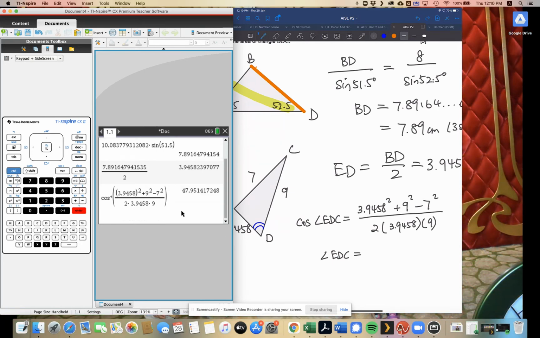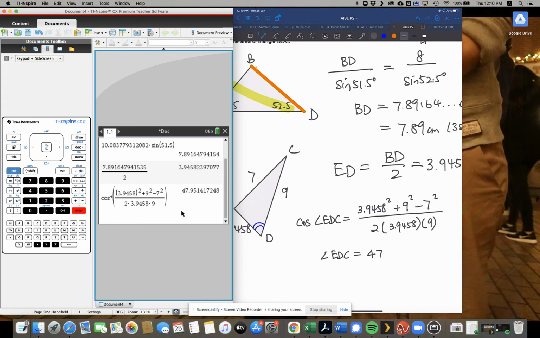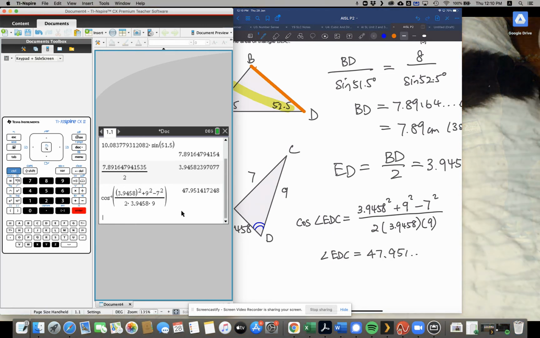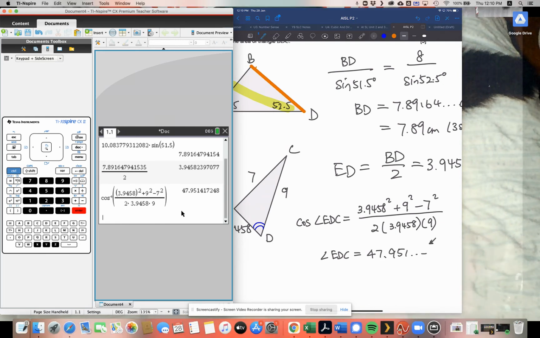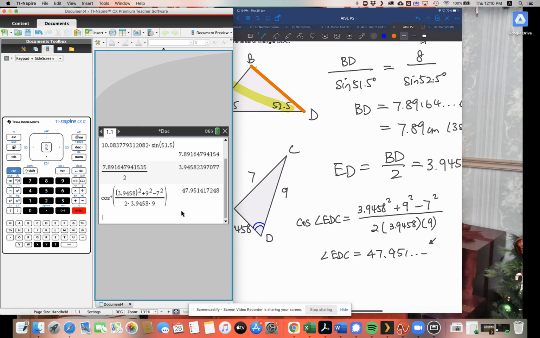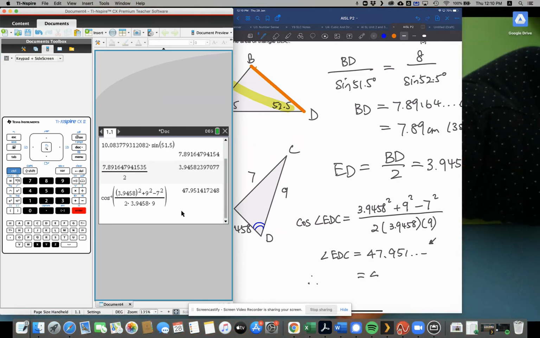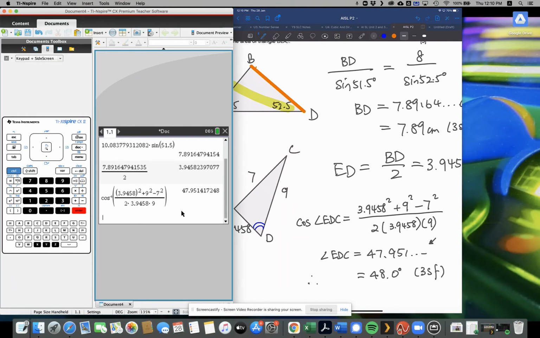Enter. So the angle is, don't round it up just yet. So this is the size of the angle. We must see this before we can award you the next mark. So you say, therefore, it is equal to 48.0 degrees when rounded to 3 significant figures.